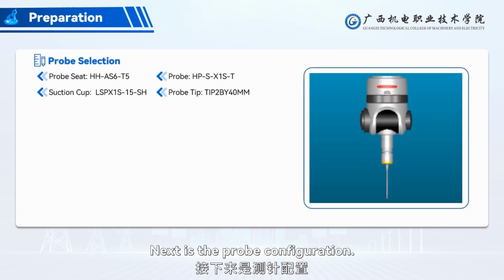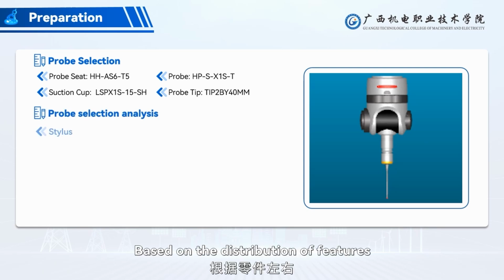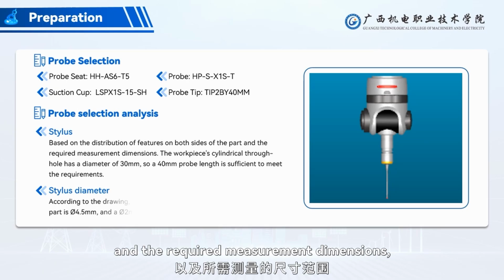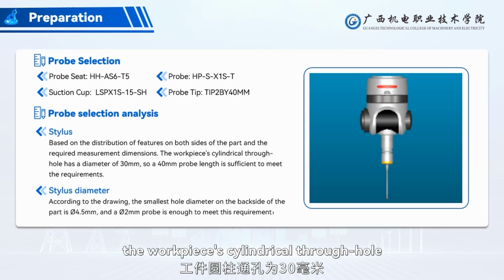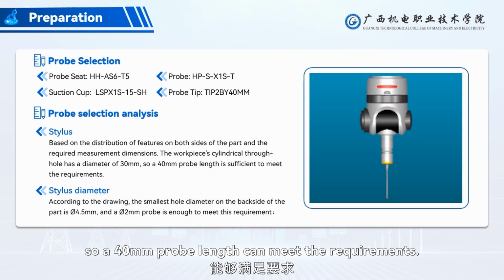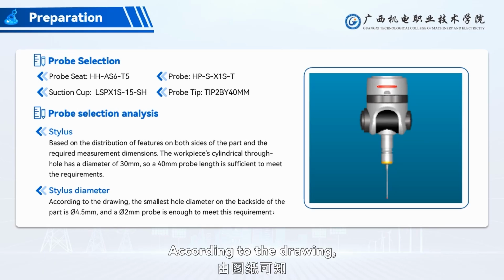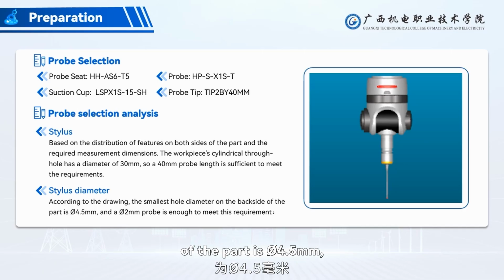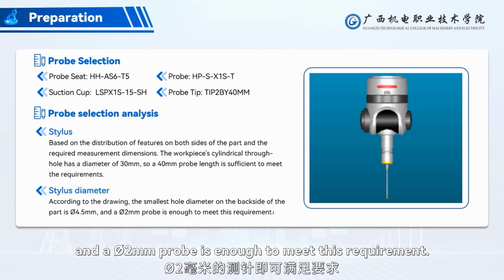Next is the probe configuration. Based on the distribution of features on both sides of the part and the required measurement dimensions, the workpiece's cylindrical through hole has a diameter of 30 mm, so a 40 mm probe length can meet the requirements. According to the drawing, the smallest hole diameter on the backside of the part is 4.5 mm, and a 2 mm probe is enough to meet this requirement.